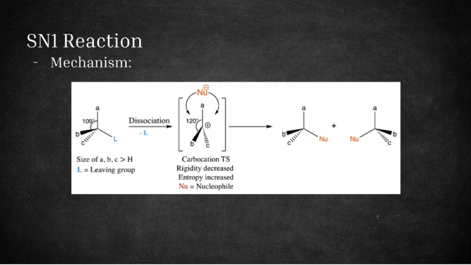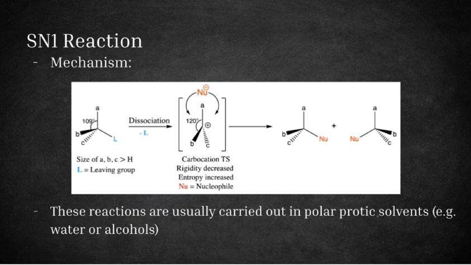Additionally, because carbocations are planar, the nucleophile can attack from either face of the molecule, resulting in a mixture of inversion and retention products. These reactions are usually carried out in polar protic solvents, such as water or alcohols, which stabilize the leaving group and the transition state via hydrogen bonding, lowering the energy barrier for carbocation formation.